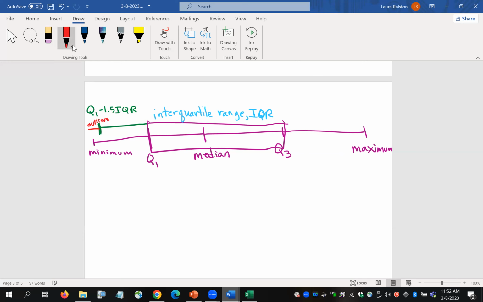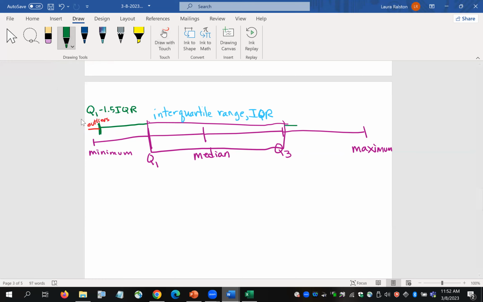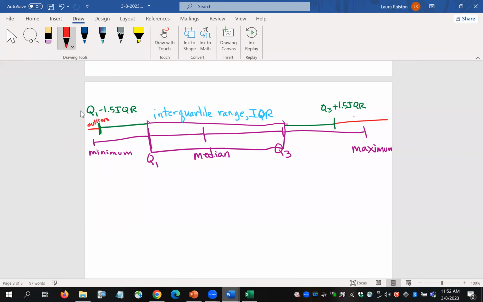And then I'm going to do the same thing on the other end. I'm going to calculate Q3 plus 1.5 times the IQR. And anything that is beyond or outside that value is an outlier. So it's kind of like I'm putting up some fence posts.